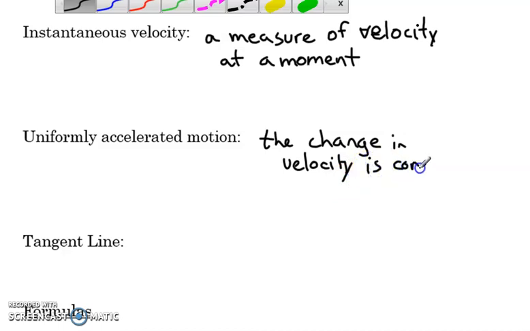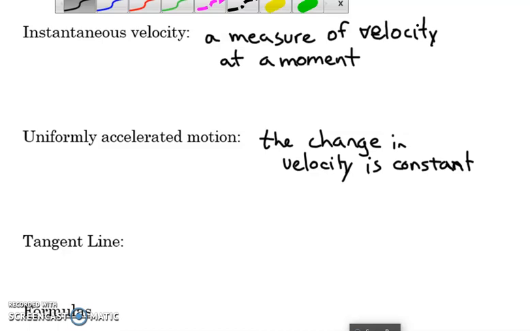We're only going to be dealing with a uniform change. It is always accelerating at the same rate. It's not speeding up faster at the beginning and slower at the second.